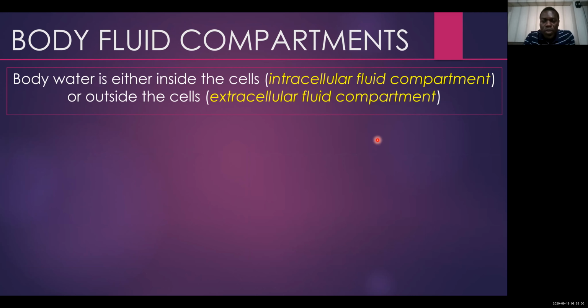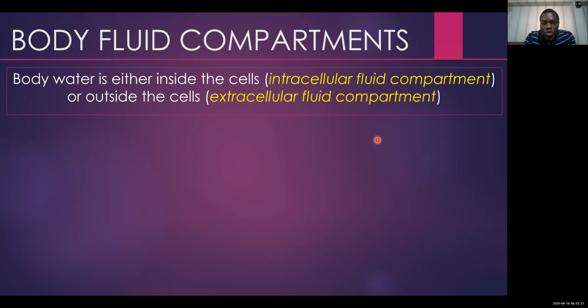Now, I want to take you through those body fluid compartments. We've said that the total body water is within various compartments. The water within the body is either inside cells or outside the cells.